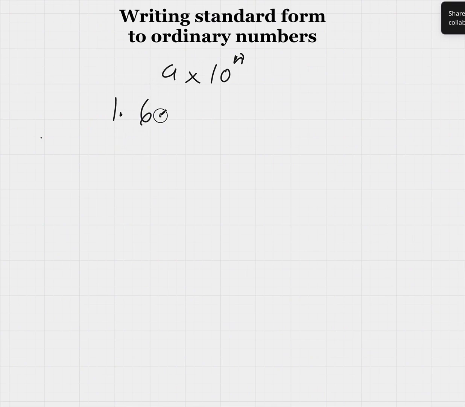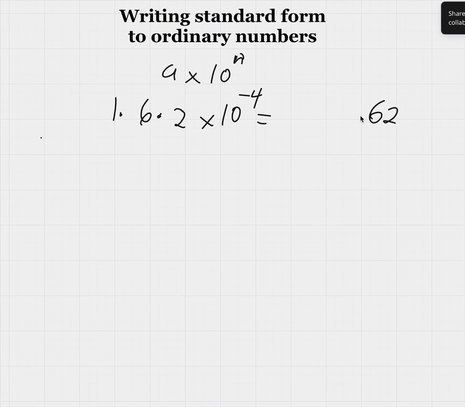First example, 6.2 times 10 raised to the power minus 4. So in doing this, if it's negative, the first thing you want to do is you write your decimal number as a whole number. So you're going to write that first. And then you add your zeros in front.